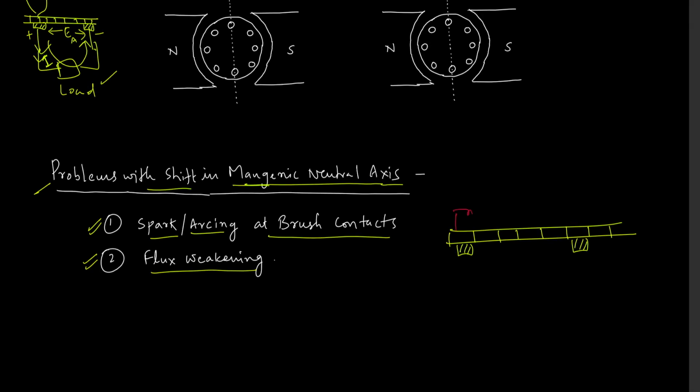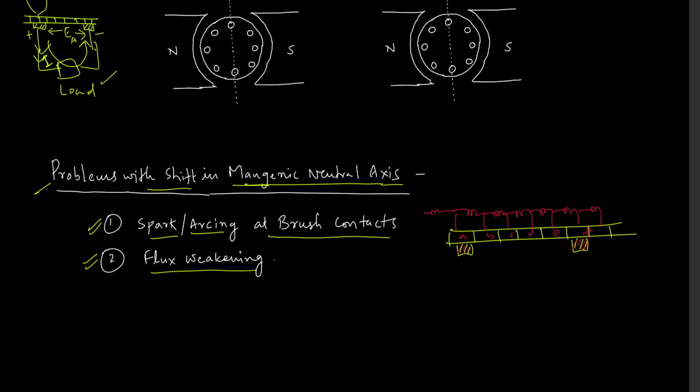So we have coils like this. Now this brush is completely on some segment among A, B, C, D, E, F. So one brush is at A and one brush is at F. But as the rotor rotates, the brush will also slide on the commutator.